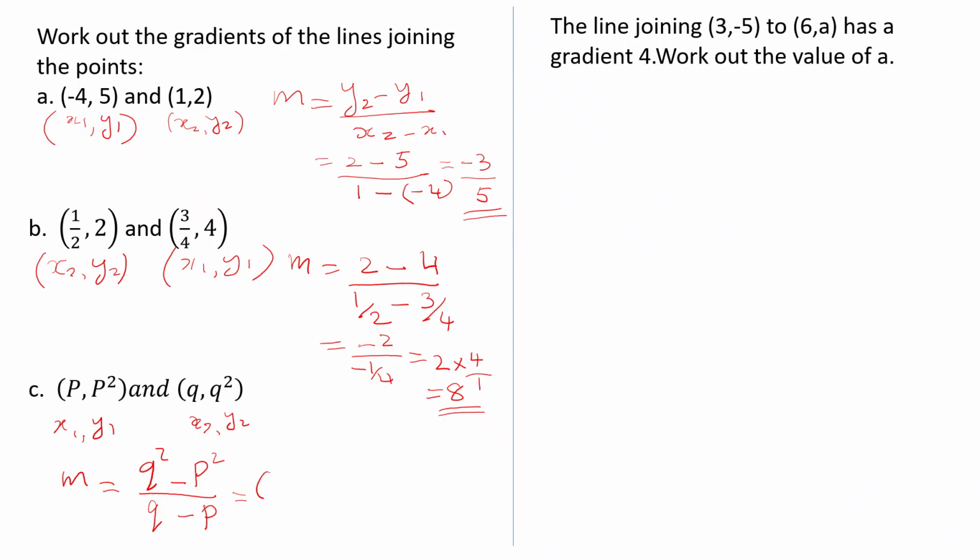So we can factorize it as q minus p and q plus p, divided by q minus p. Now we can cancel q minus p. So the answer is q plus p.